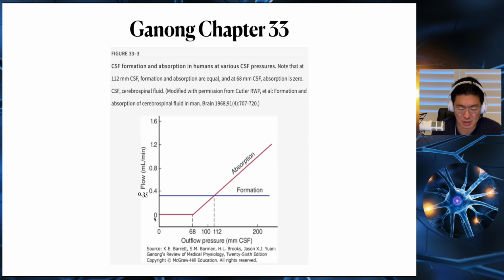And then it's 0 here. And then, yeah, with the mils per minute, 0.35. 0.35 is where you want it to cross the y-axis, because that will give you 500 mils a day. And this is the diagram that you want to learn and be able to reproduce in the exam.